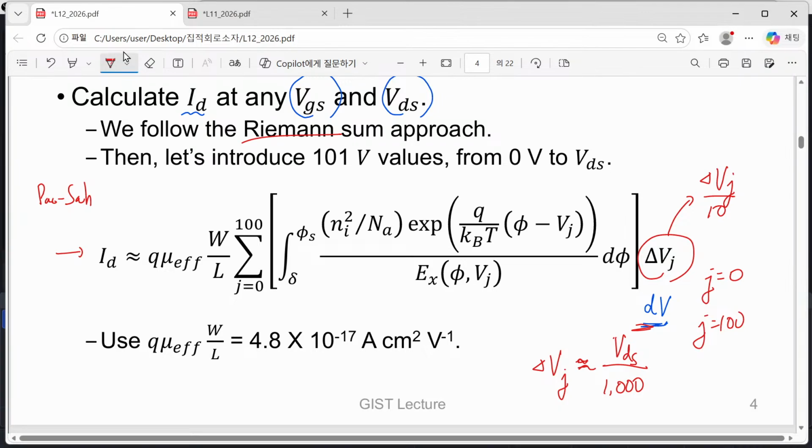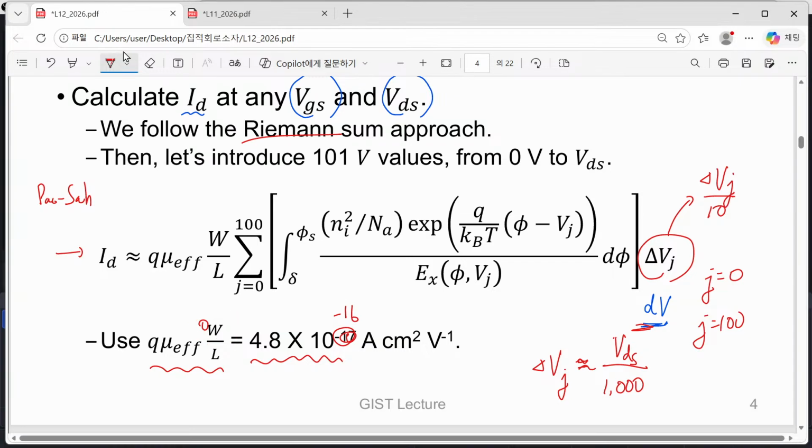So now I will just use a certain value, but this value really depends on your choice. This value is not that specific. If I want to increase my transistor width 10 times, if you have a 10 times wider device, then you can use 10 to the minus 16, a 10 times higher value.